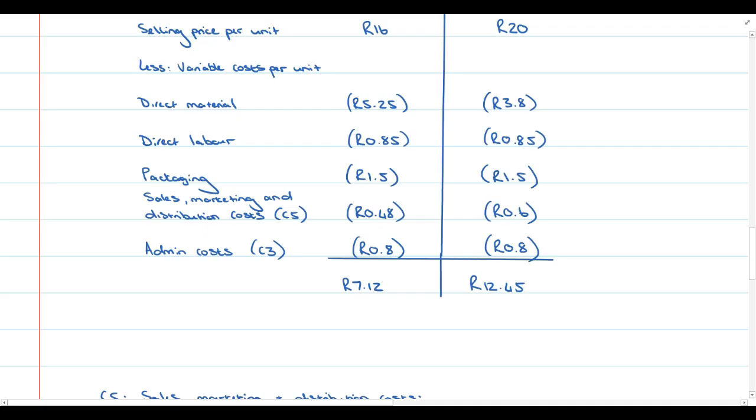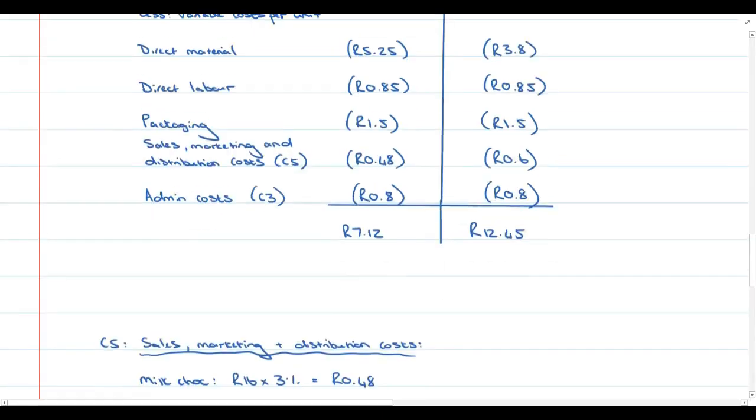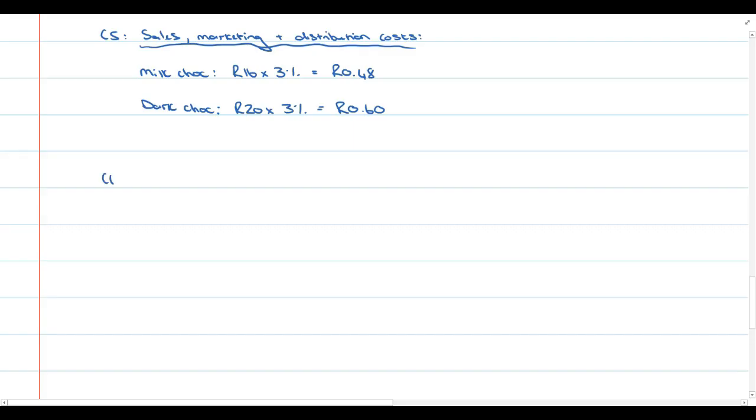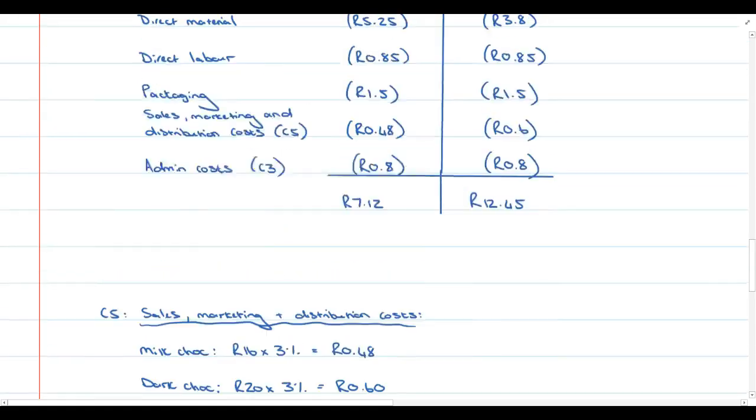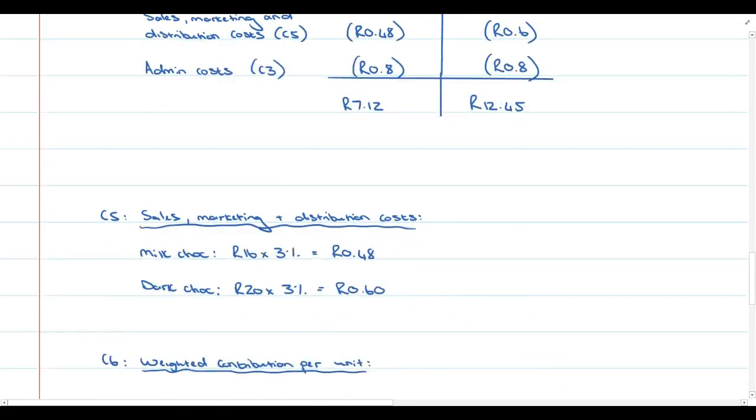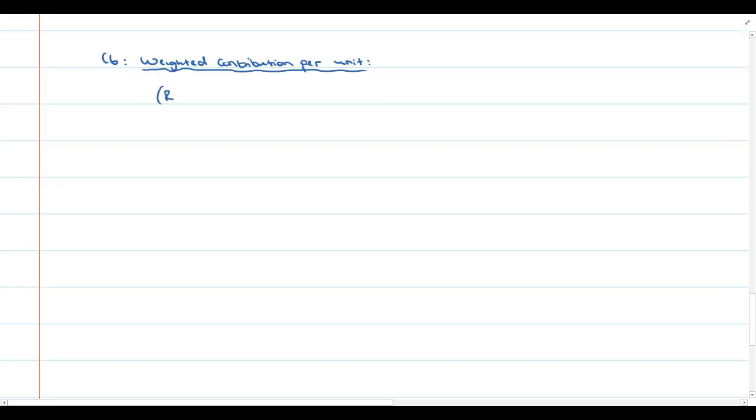And we now have 4 different contributions per unit because we have 4 different products. So what we need to do is use the sales mix in order to calculate the weighted contribution per unit. So for milk chocolate, the contribution per unit is R7.12.